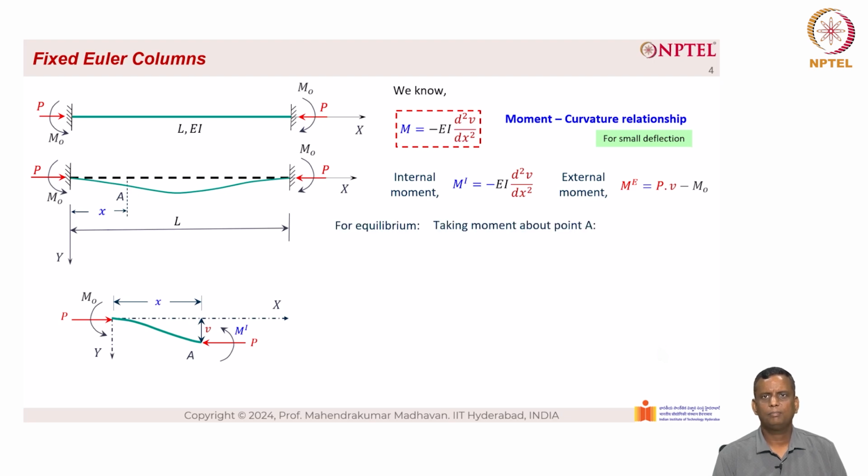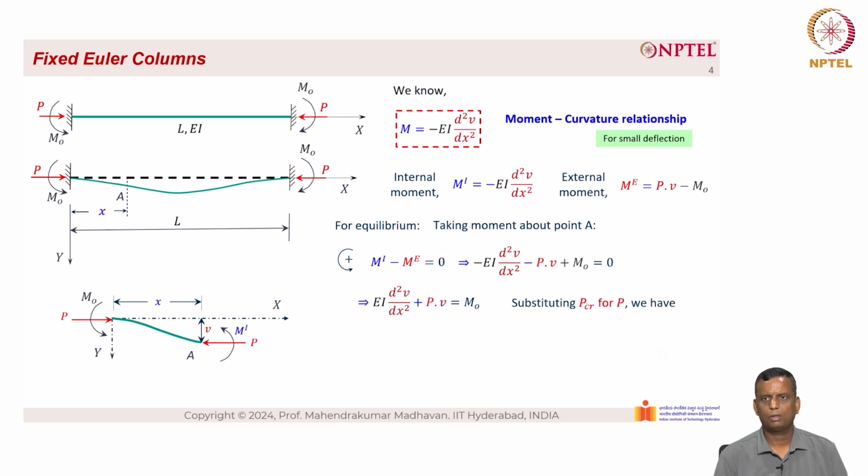For equilibrium, taking moment about point A, we have, in the counterclockwise direction, Mi minus Me is equal to 0. We substitute the terms Mi and Me into the equation, we get minus EI d square v by dx square minus P into v plus M0 is equal to 0. This can be written as EI d square v by dx square plus Pv is equal to M0.